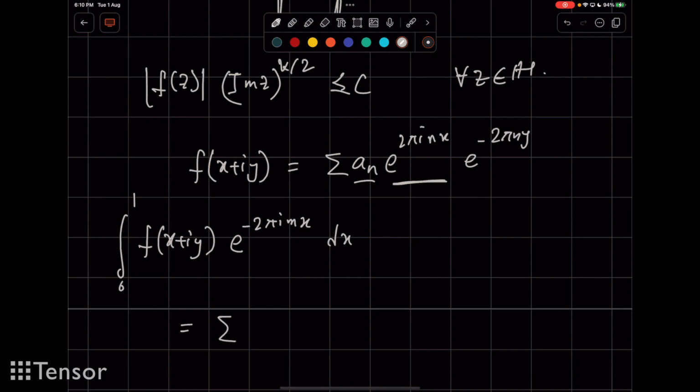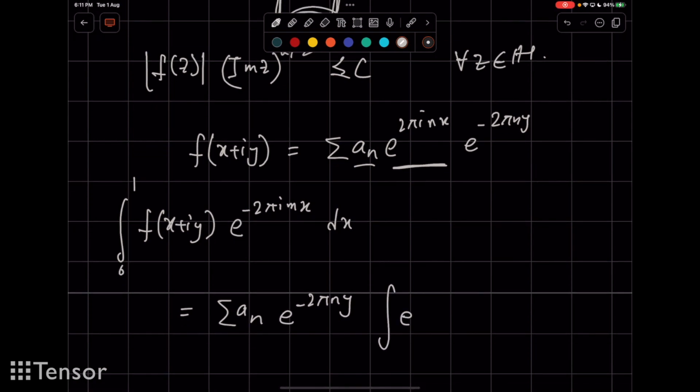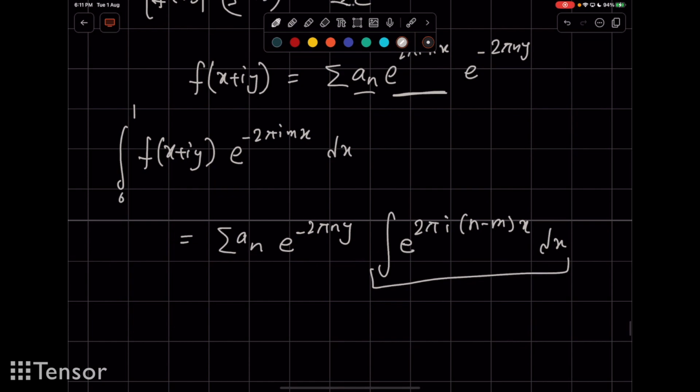So it's the sum of an e to the minus 2 pi ny times the integral of e to the 2 pi i (n minus m)x dx. And this is delta mn. So it's 0 if n and m are not equal, and it's 1 if n and m are equal. And this integral is from 0 to 1.